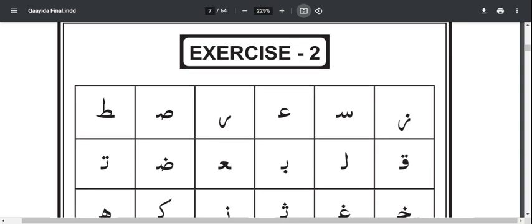Exercise 2. In this exercise, we are going to practice the letters in their joint form.